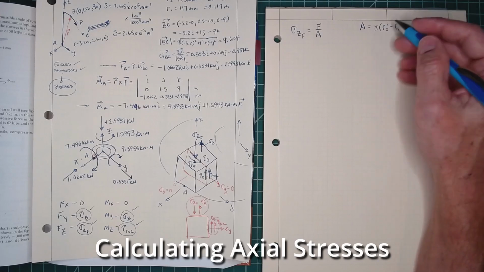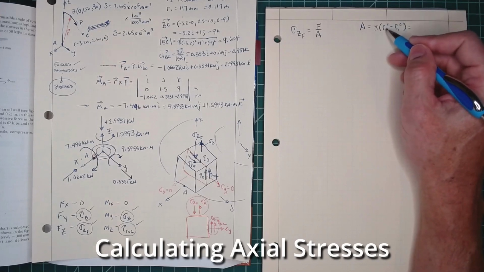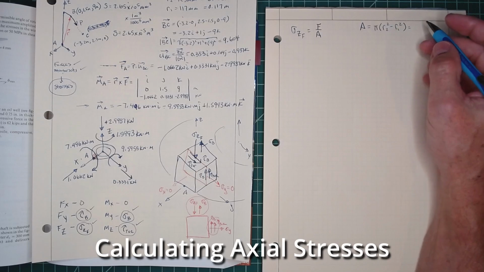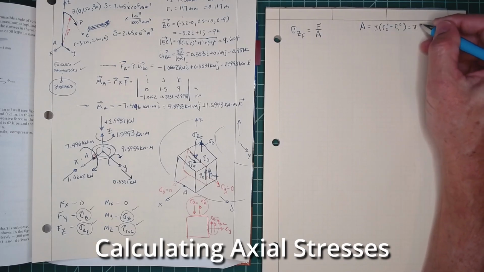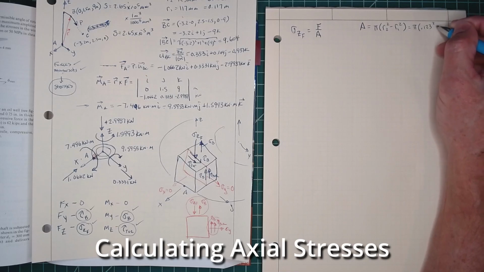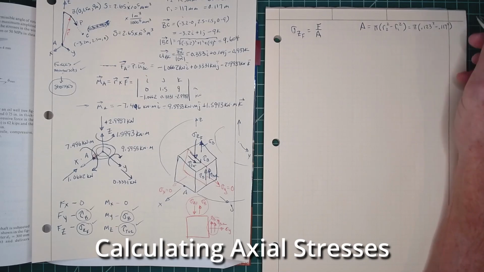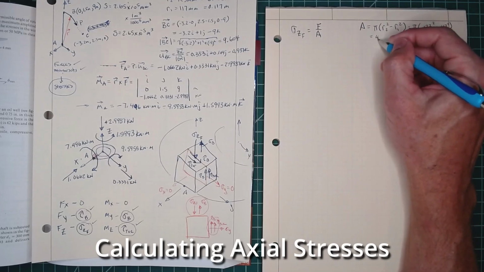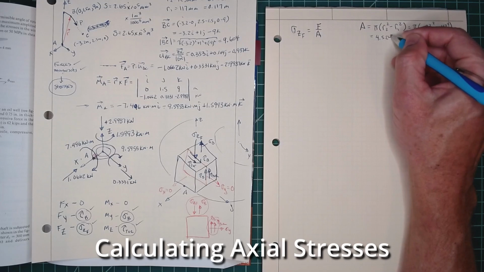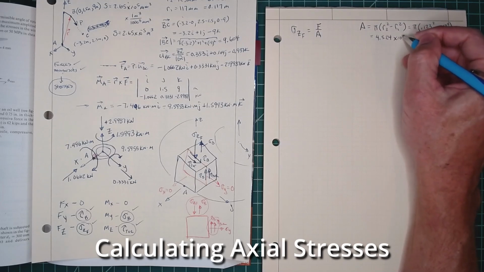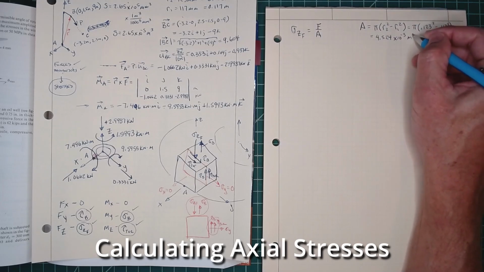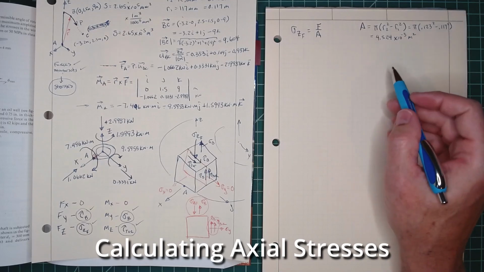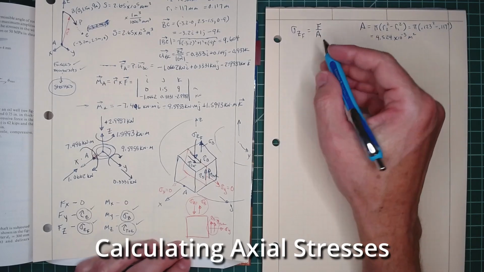Remember, R2, I'm going to put it in meters. So I would write this out as pi times 0.123 squared minus 0.117 squared, and that's going to be in meters. We plug that into our calculator and we get 4.524 times 10 to the minus 3 meters squared. So we have that, and we need our force.